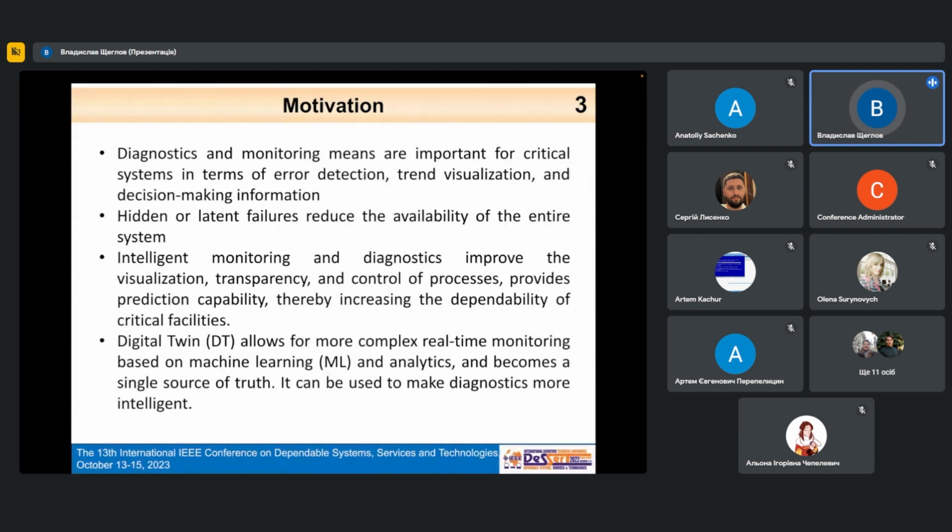Digital twin can be the enabler technology for such intelligent monitoring and diagnostic means, because it allows for real-time monitoring based on machine learning, because of its comprehensive model, and because it becomes a single source of truth. But in this work, we will focus more on the modeling part.